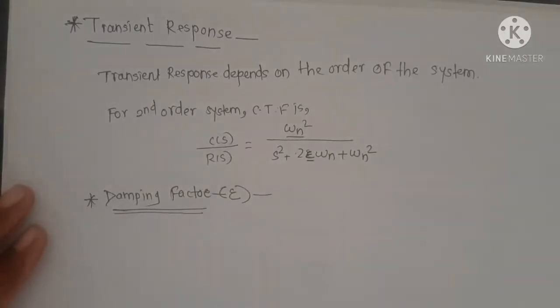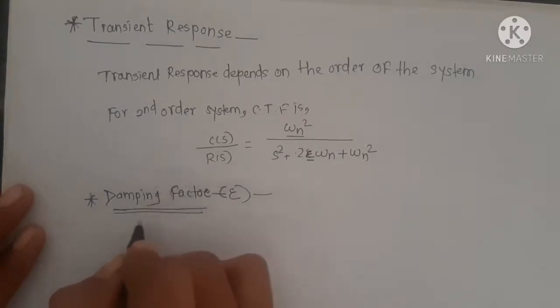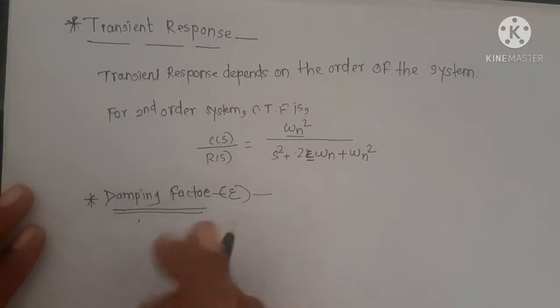Every system has a tendency to oppose any oscillatory behavior, and this opposition to the oscillation is called as damping.